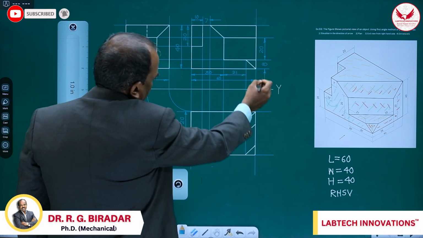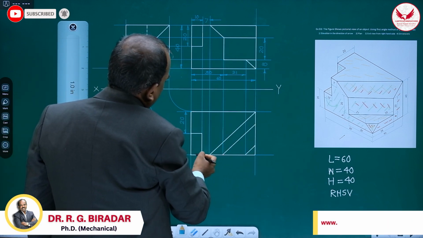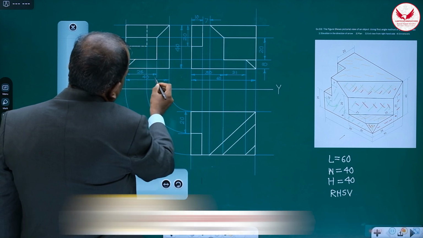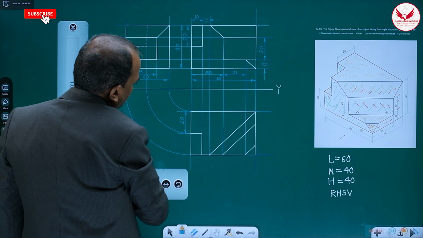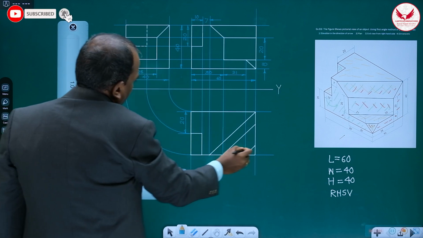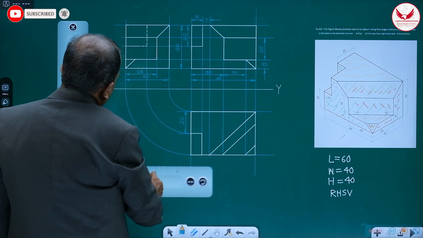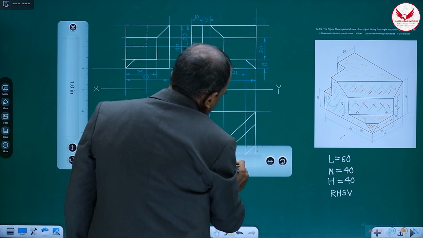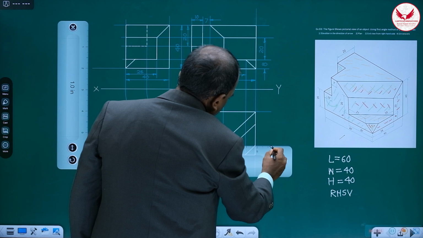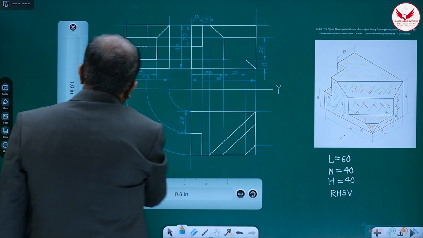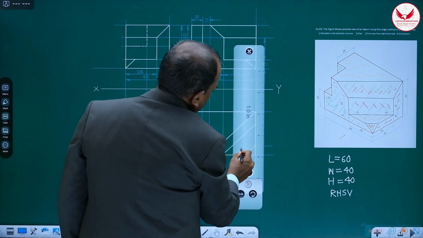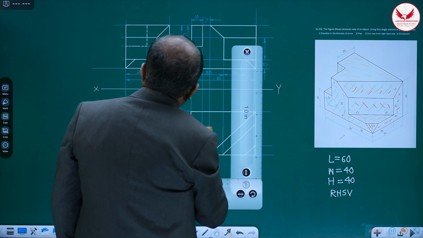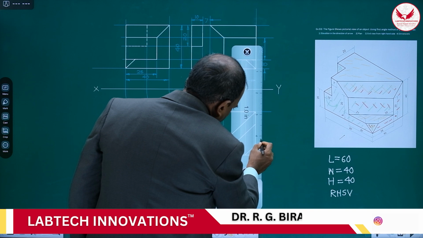So this 9, it is 8. Again, if we mark, this is 28, it is 12. So this dimension or this dimension we have not given. So how can we give it? Like this. 28, 12, already we have marked.